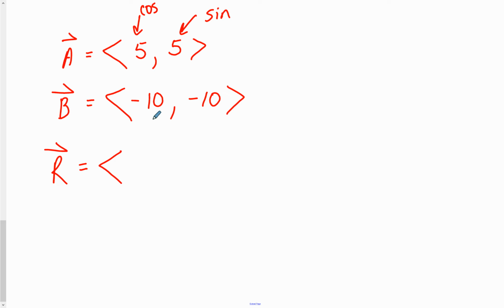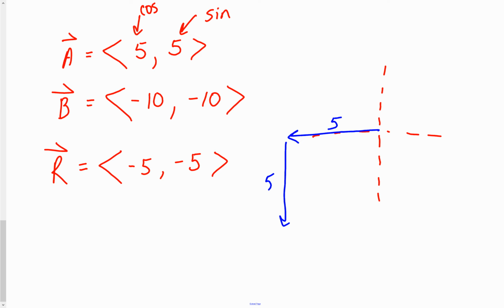10, 5 and negative 10 makes negative 5. 5 and negative 10, comma, makes negative 5. So what is my resultant? Well, this means my resultant is 5 left and 5 down.